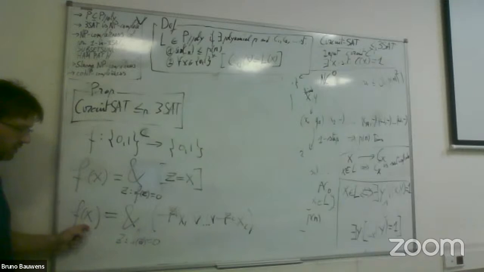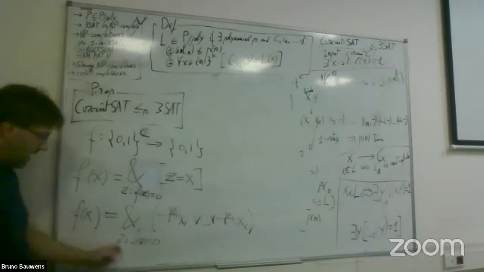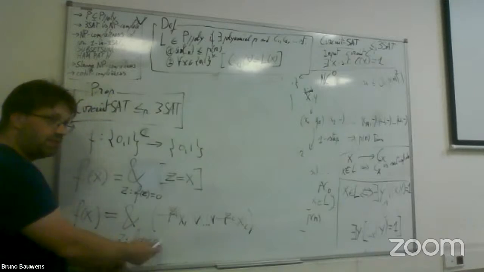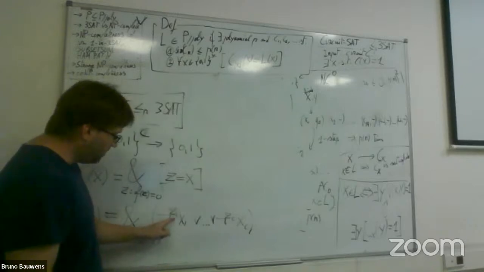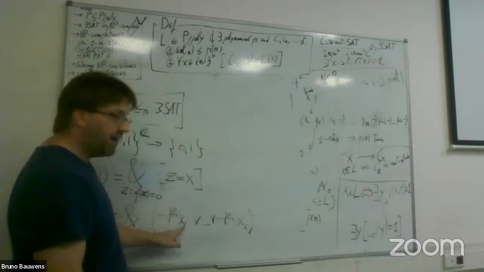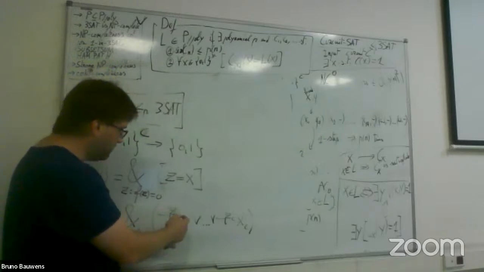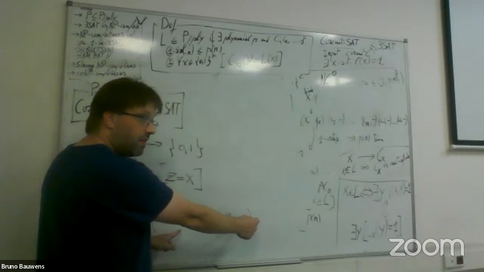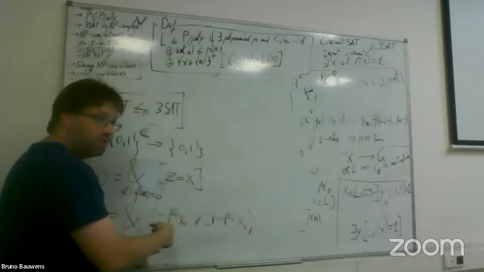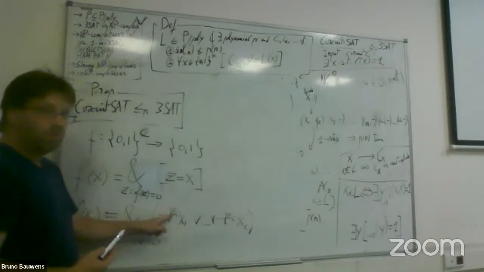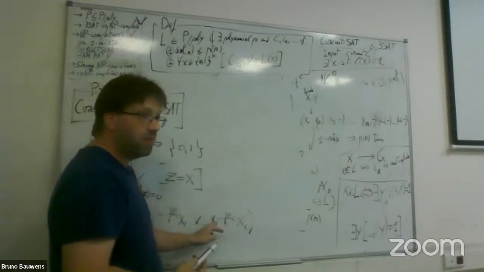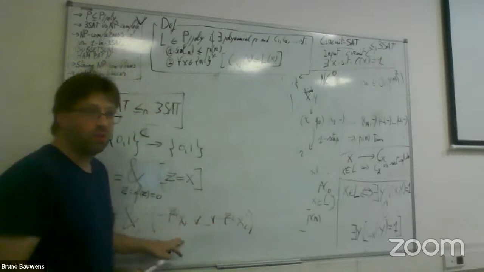If f of x equals 0, it means that x appears among these z. And so we have to check what happens if here we have x_i and x_i. We know it's all 0, so the clause will become 0. But if x is different from z, then it must differ in some bit. There will be at least one 1, and the clause will become 1.